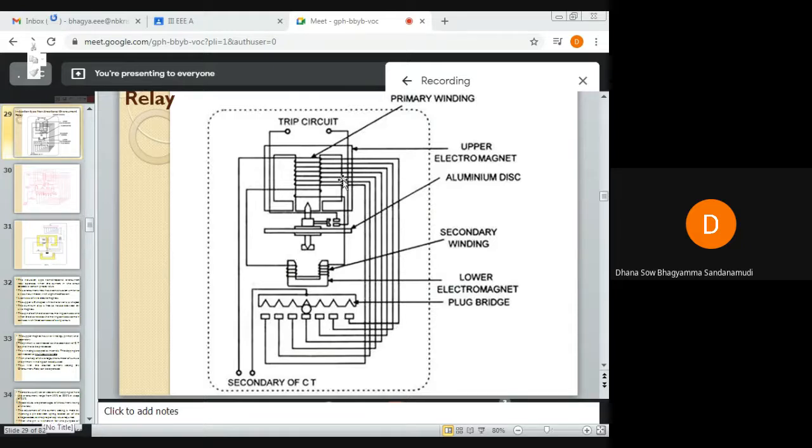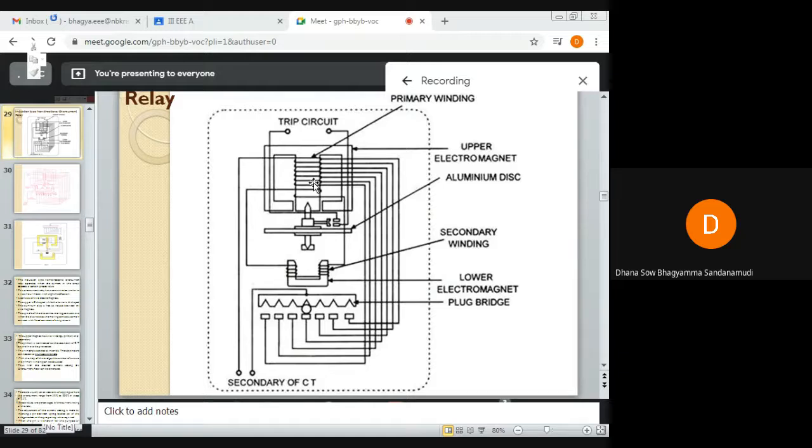Approximately, this whole primary winding is divided into 7 sections. By using this plug setting multiplier bridge, we can adjust the number of turns of the primary winding, and hence the desired current setting can be obtained. So the main reason for providing tapping to the primary winding is to get the desired current setting.